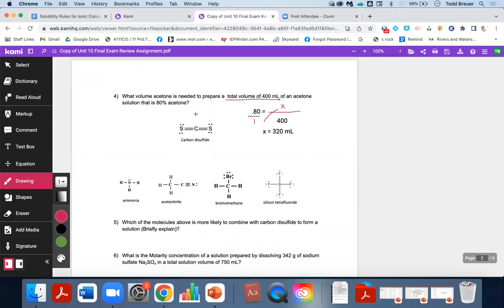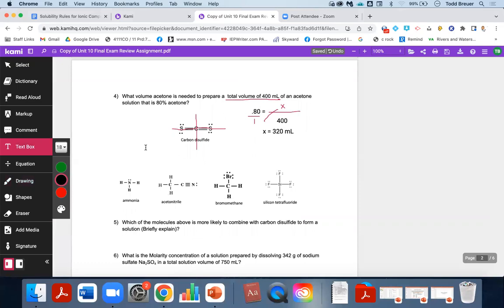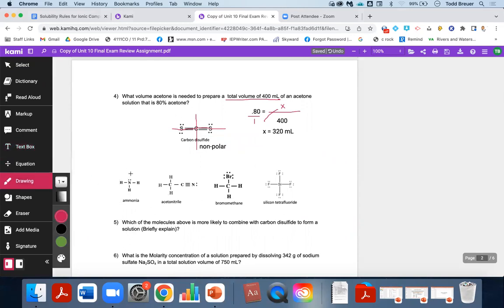If we look at carbon disulfide, if I cut it in this direction, fold it in half, cut it in this direction, fold it in half, I get 2 lines of symmetry. Multiple lines of symmetry generally means that the molecules are non-polar, and that would make a solution with other non-polar molecules. So let's just look at our symmetry for these other molecules.